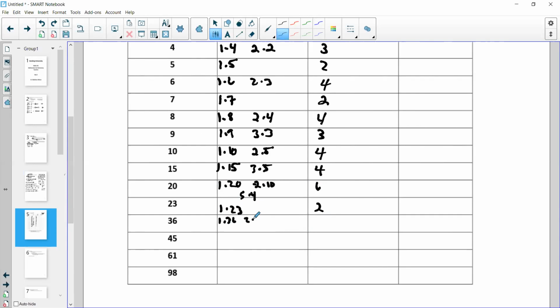We've got 2 and 18. We've got 3 and 12. 4 and 9, 6 and 6, and then we start over again. So it looks like we got 10 factors here. And then 45, 61, 98, we just continue on and on.